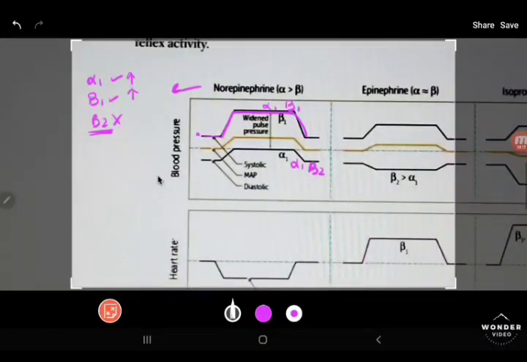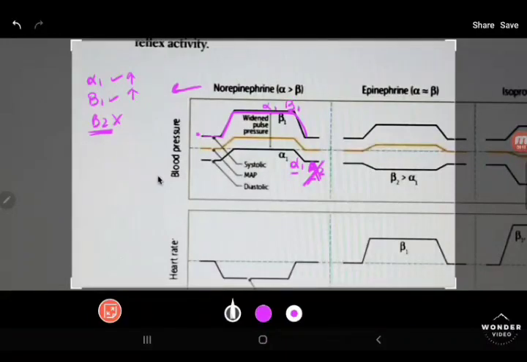Now let's come to this line right here. Now we have alpha 1 and beta 2. We have to look at it because they work in opposite directions. We said there is no effect on beta 2. If there's no effect on beta 2, that means there is unopposed alpha 1 activity, and alpha 1 causes vasoconstriction, which increases your diastolic blood pressure.